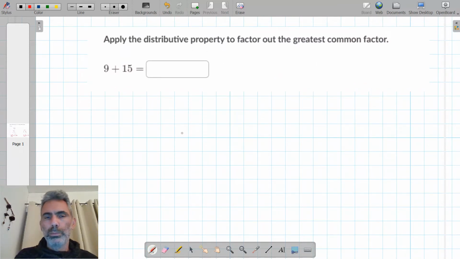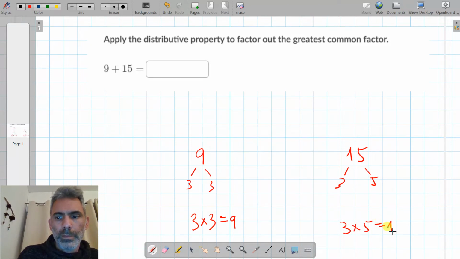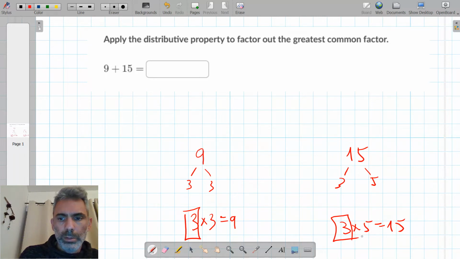Apply the distributive property to factor out the greatest common factor. So 9 is 3 and 3. 15 is 3 and 5. So 3 is the greatest common factor. This is the only thing that is in common in these two numbers, right? Because 5 and 3 have nothing to do with each other, so 3 is the only thing in common.